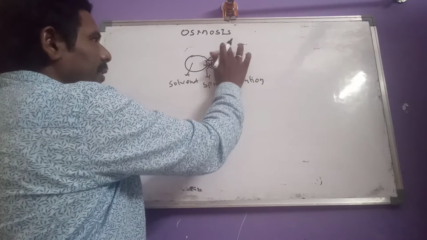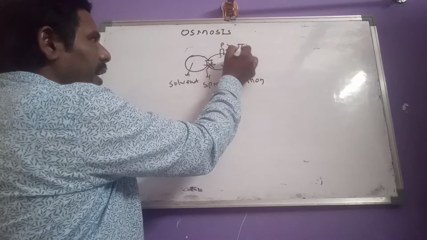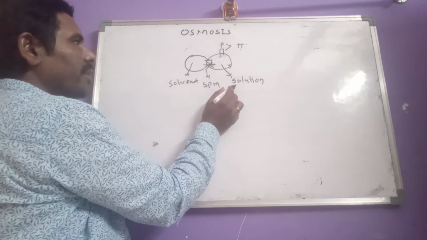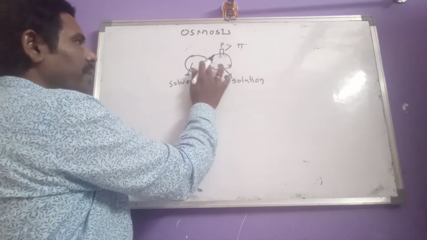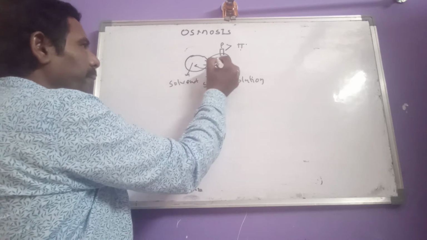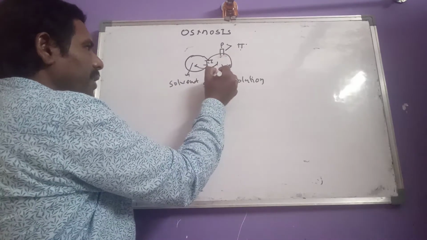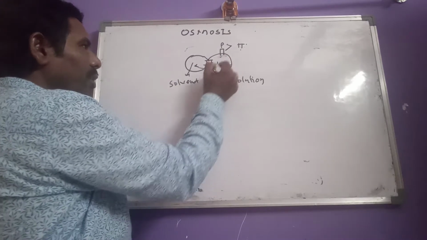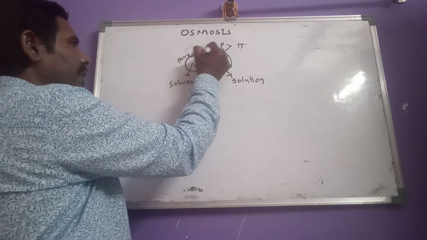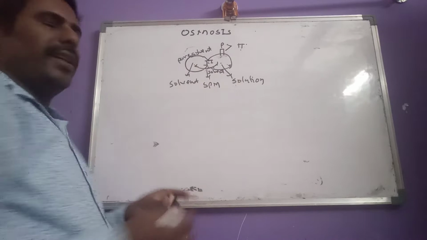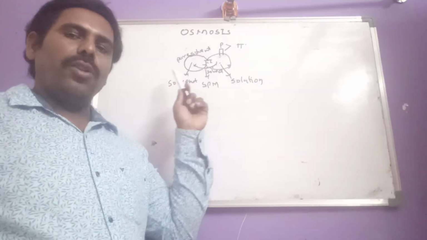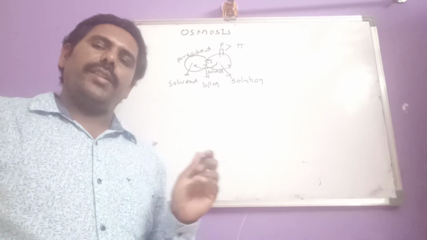But if a pressure greater than osmotic pressure is applied on the solution side, now what happens here? Solvent present in the solution moves towards the pure solvent side. That means this is exactly reverse to the osmosis process. So this is known as reverse osmosis.